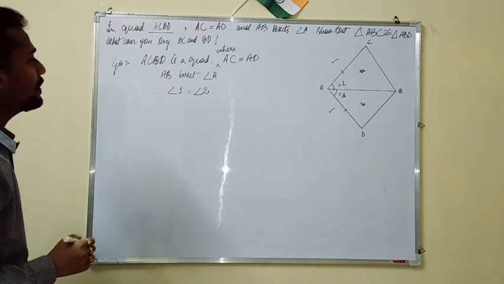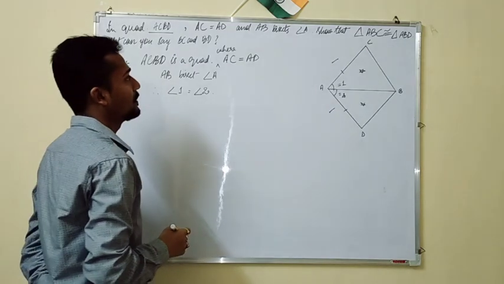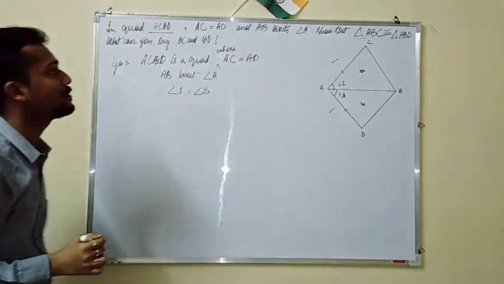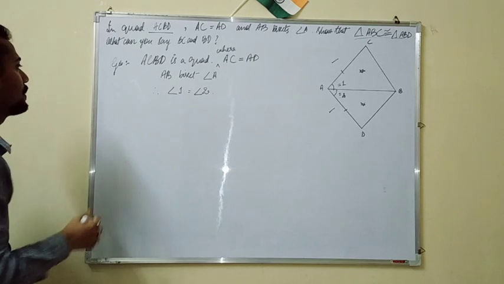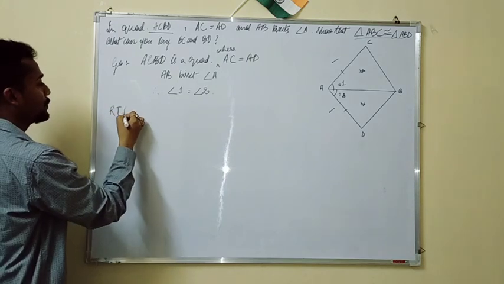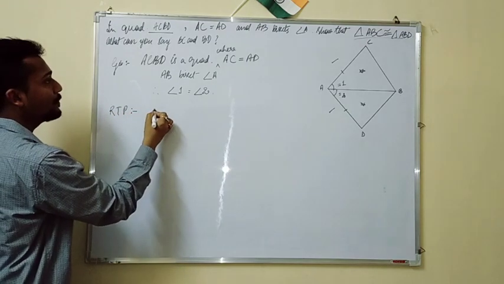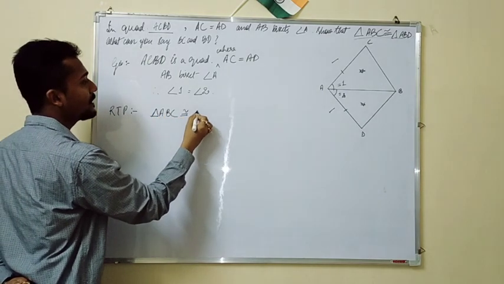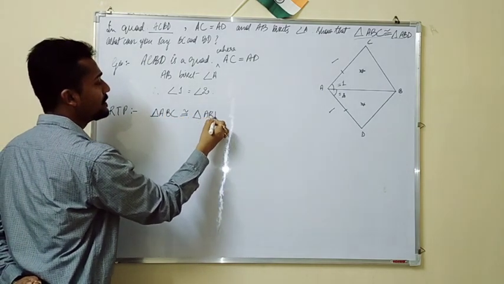Next we have to show that triangle ABC is congruent to triangle ABD. So next, required to prove: triangle ABC is congruent to triangle ABD. Proof.